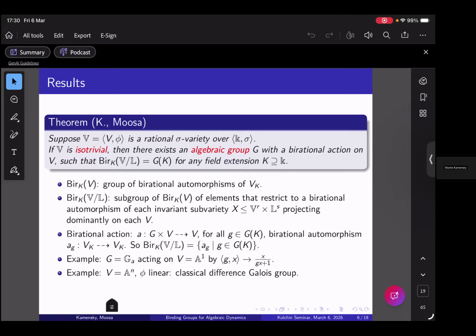Then what we're talking about here is essentially the difference Galois group associated to the linear difference equation. And I didn't write it in the theorem, but actually G is not just an algebraic group, it's also equipped with dynamics, and the action of G on V is an action of dynamical systems, or sigma-varieties.